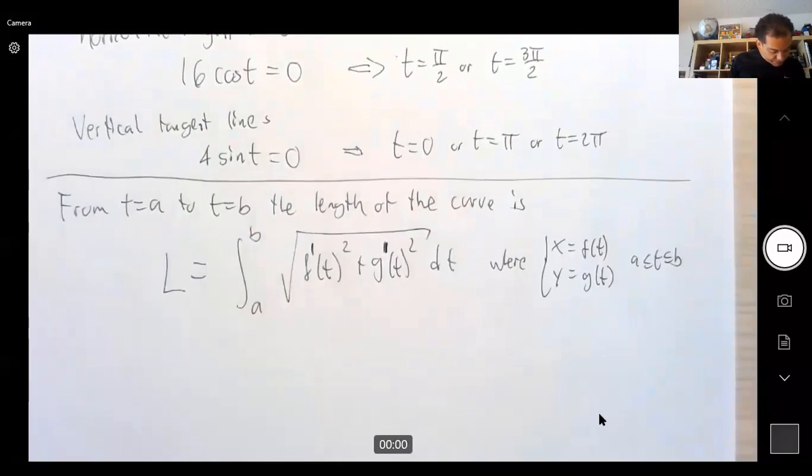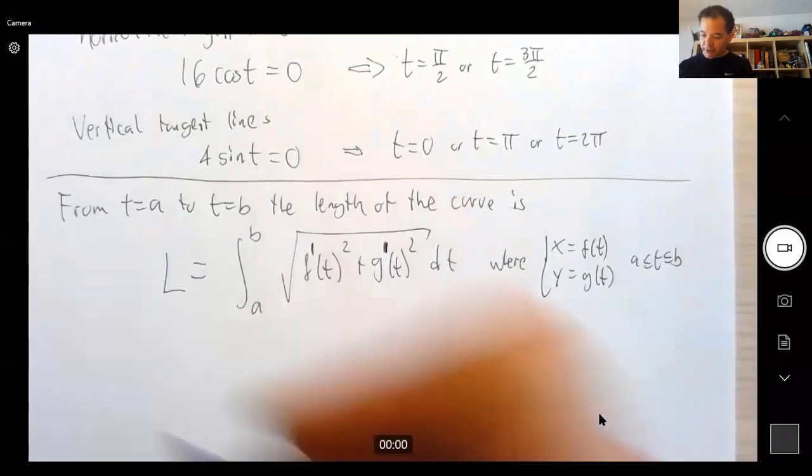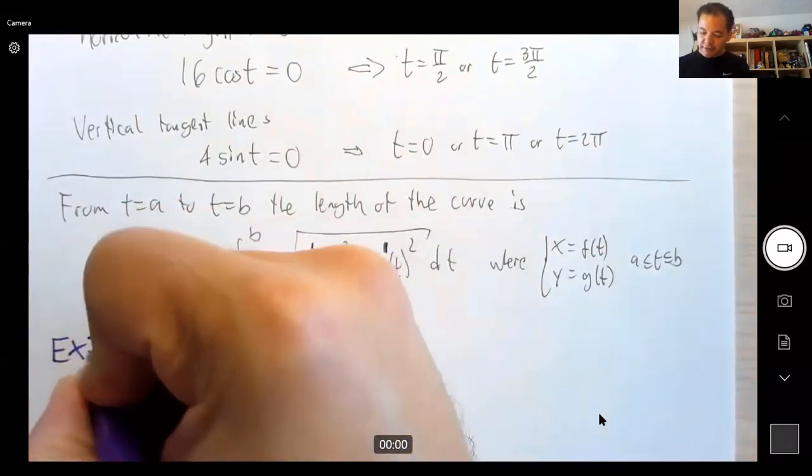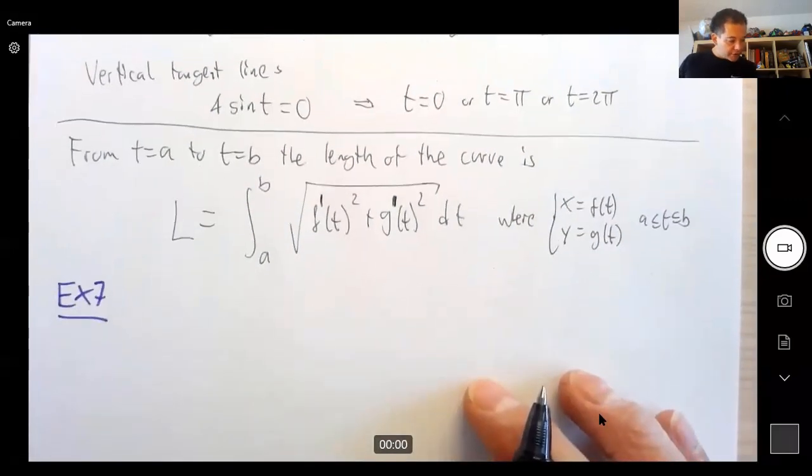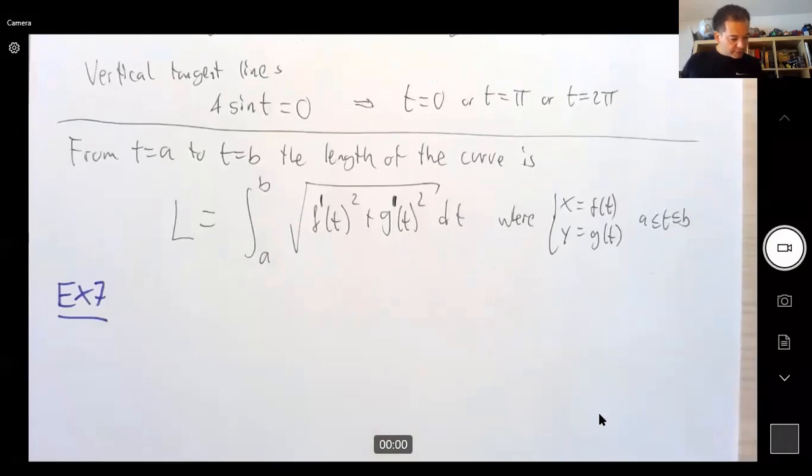Well, let's start with example 7, and then maybe we'll do example 8 next class. So here's example 7. It says, show that the circumference of a circle.